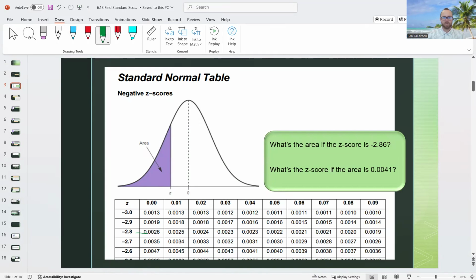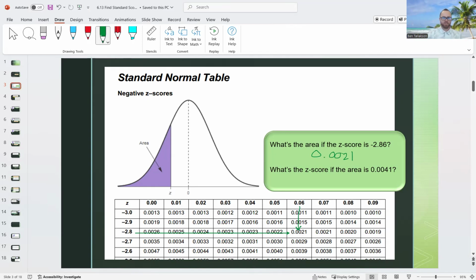And we're going to go right until we get to 0.06 on the top. So there we go. We found 0.06 on the top, and we now have our area. Notice when we found that, we worked our way from the outside in.